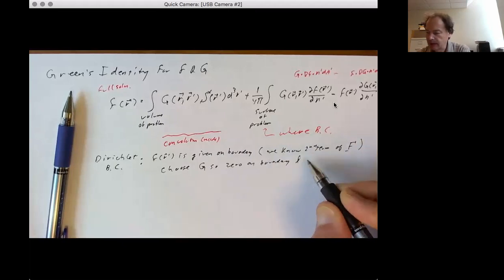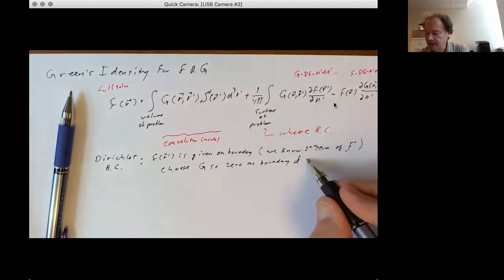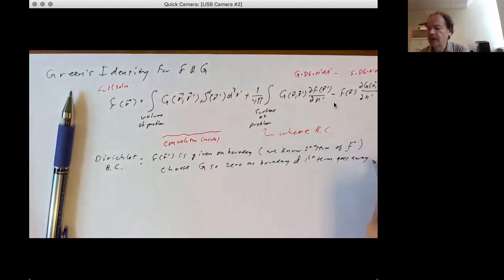And then you don't need the first term. So you don't need to calculate that.